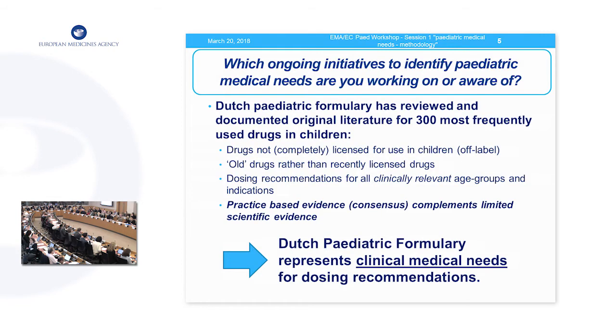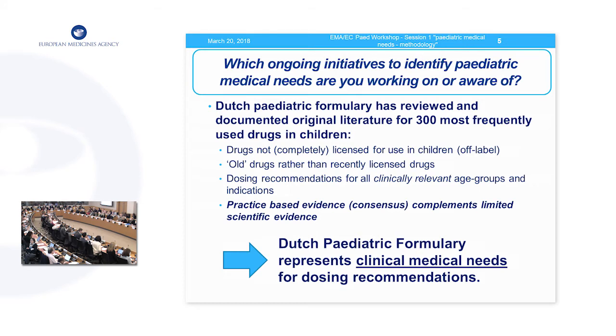Because in the past 10 years, we have reviewed the literature for 300 most frequently used drugs in children, and those were most of the time off-label used drugs, or drugs that were not completely licensed for all age groups in which the drugs are actually used. And these are most of the time older drugs rather than recently licensed drugs.